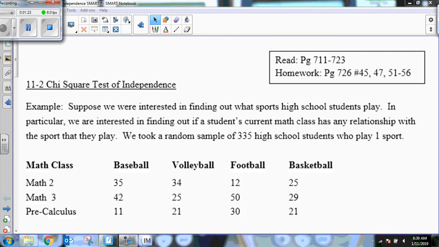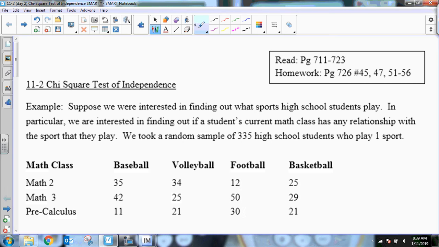So as you can see, what we have down here is a two-way table, just like yesterday. The biggest difference between yesterday's two-way table and today's two-way table is this right here. If you notice, it says we took a random sample of 335 high school students.